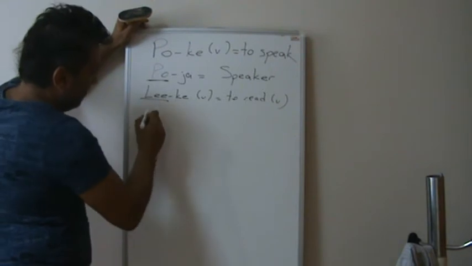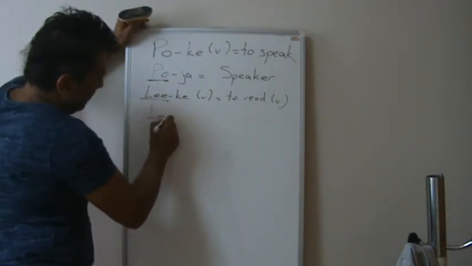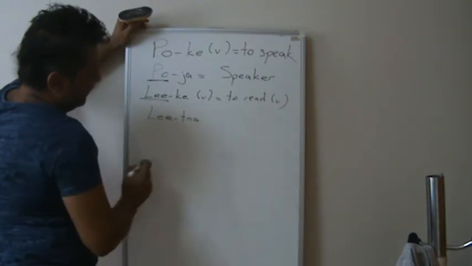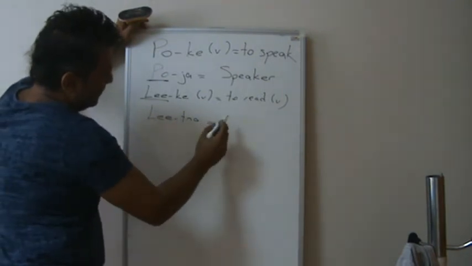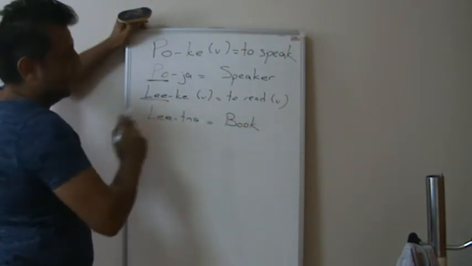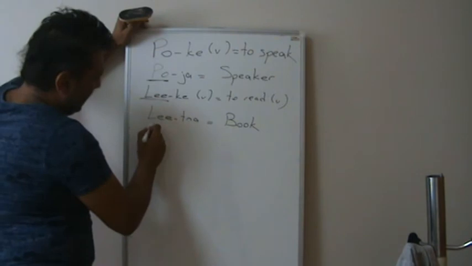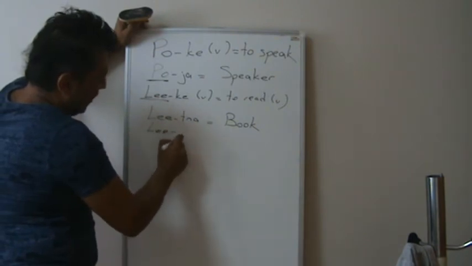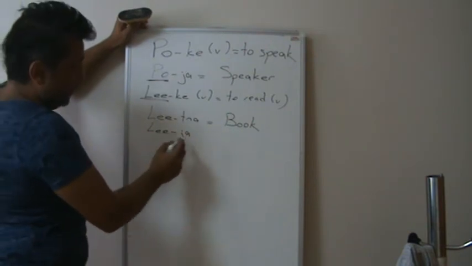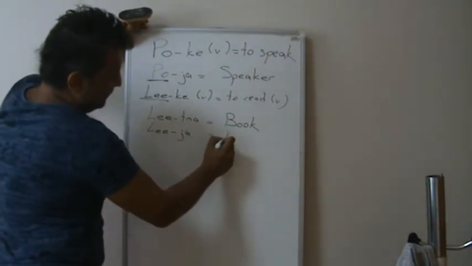Then if we add tna, it becomes le'etna, book. If we add ja at the end of the verb root, it becomes reader.